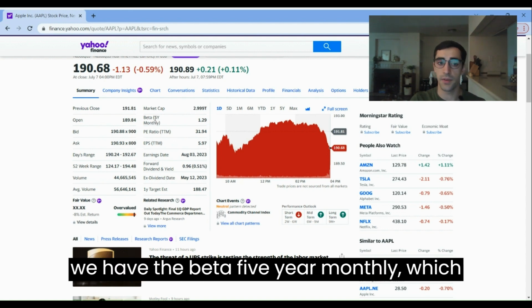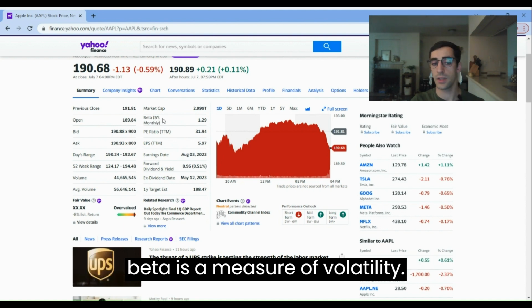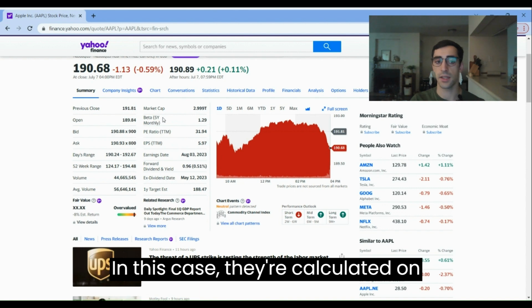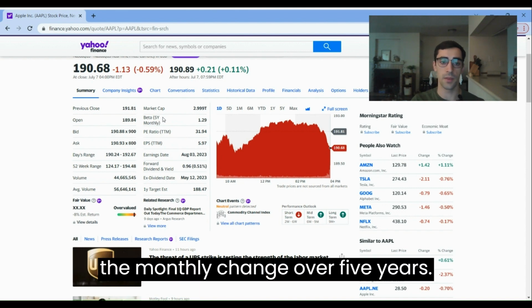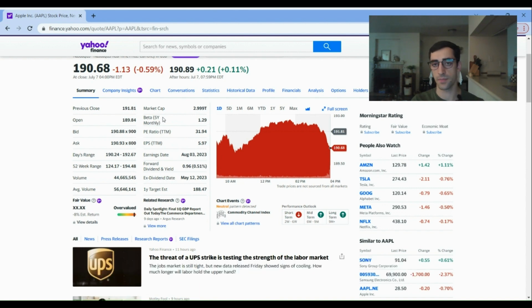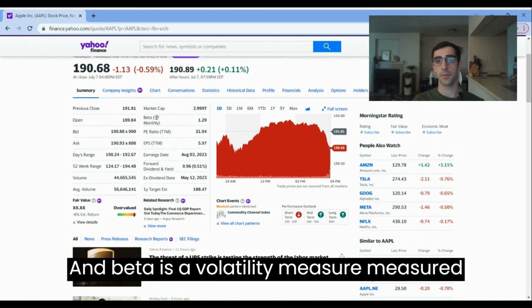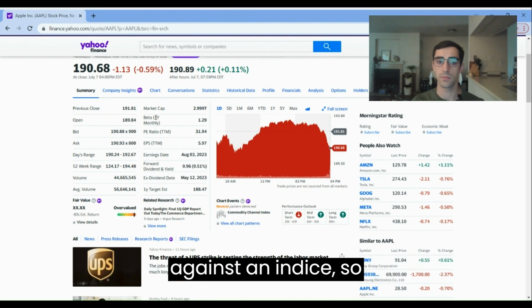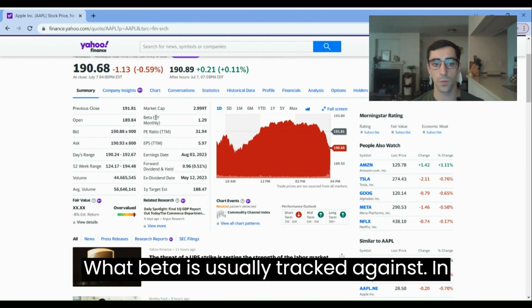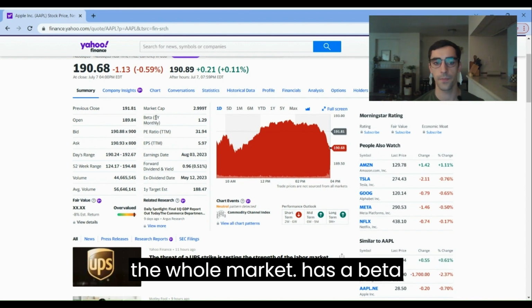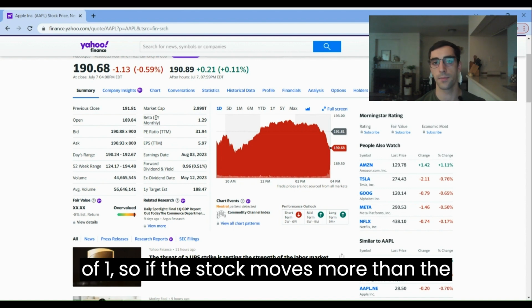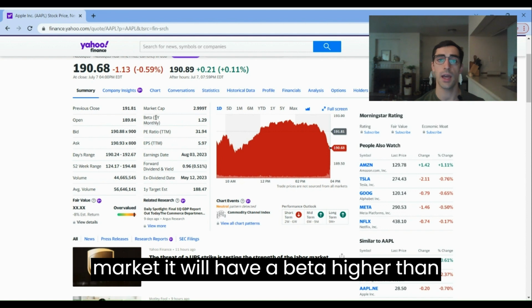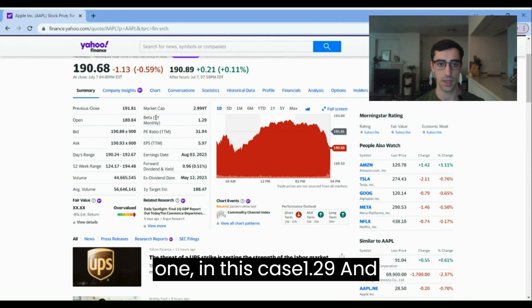Then we have the beta 5-year monthly, which beta is a measure of volatility. In this case, it's calculated on the monthly change over 5 years. And beta is a volatility measure measured against an index. So what beta is usually tracked against, in general, the whole market has a beta of 1. So if a stock moves more than the market, it will have a beta higher than 1, in this case 1.29.